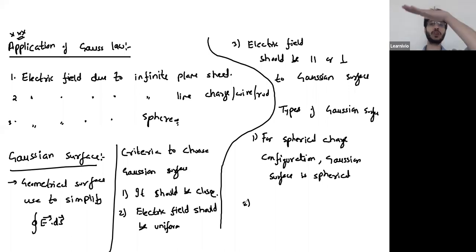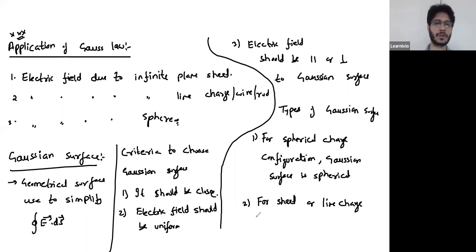If your charge distribution is a plane or a sheet, or a line charge, the Gaussian surface is cylindrical. So these are the criteria to choose a Gaussian surface.